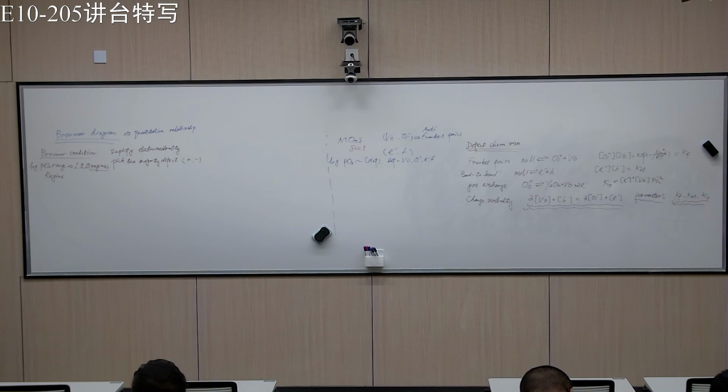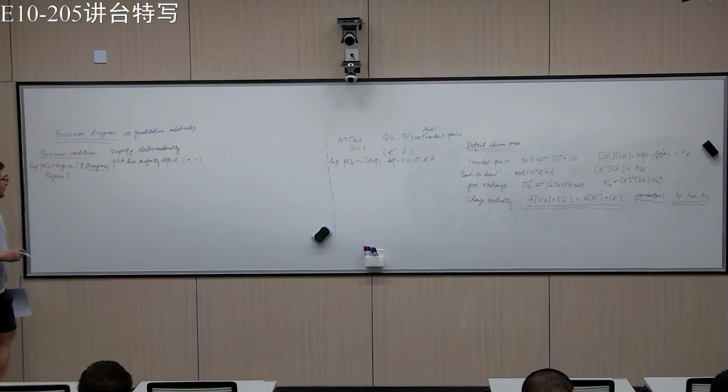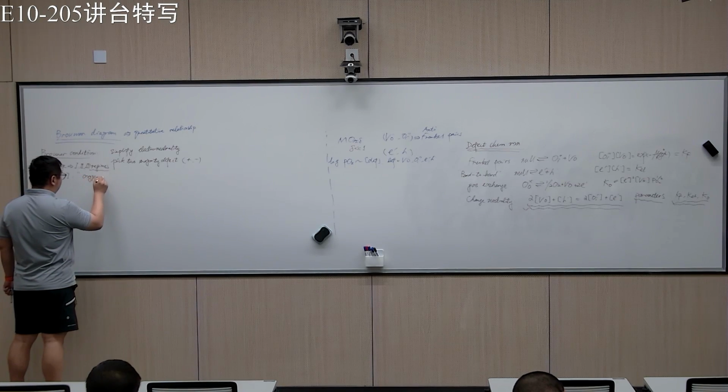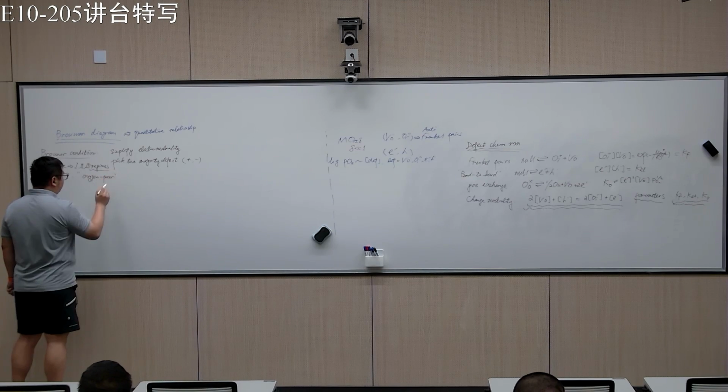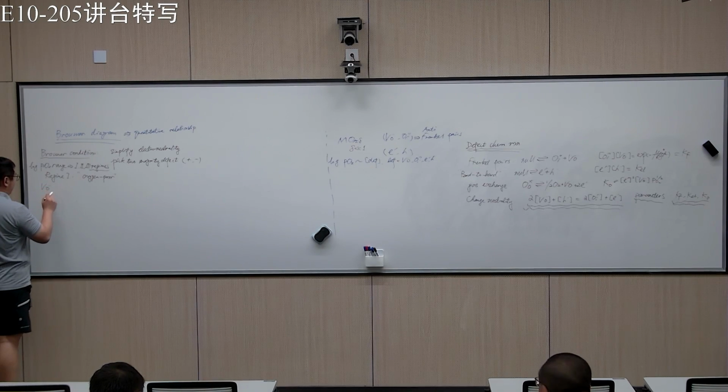We'll know what that means later. Let's say regime 1, which is the so-called oxygen-poor regime, which means you have many oxygen vacancies, much larger than the number of oxygen interstitials.